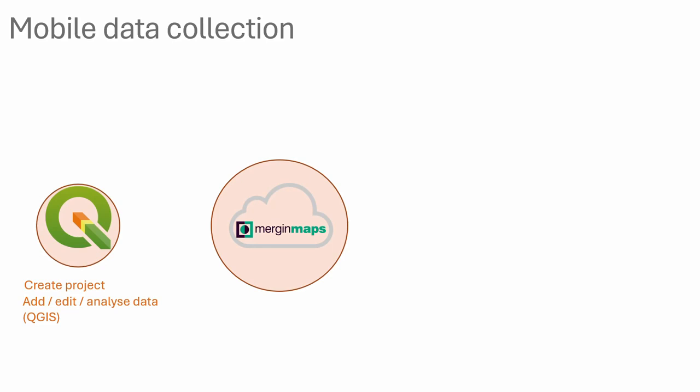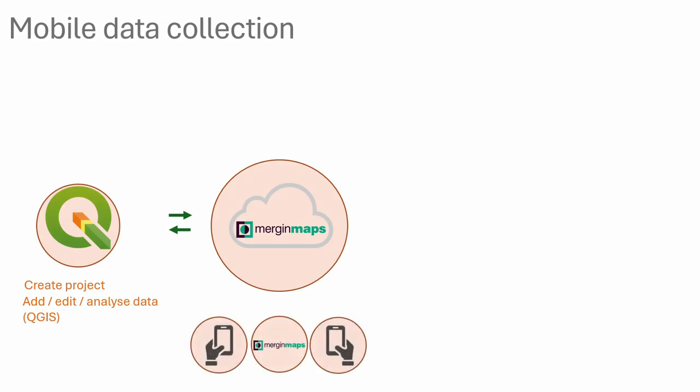We may also have the eventuality where people have created QGIS projects, put them on their Merging Maps account, and then we're downloading them to our QGIS instance. QGIS will allow us to add, edit and analyze data for any Merging Maps project. Now currently that is just Merging Maps cloud and also QGIS Desktop, currently not very mobile.